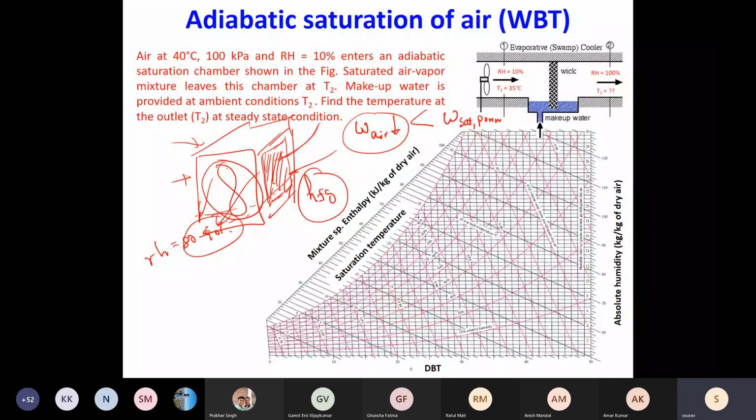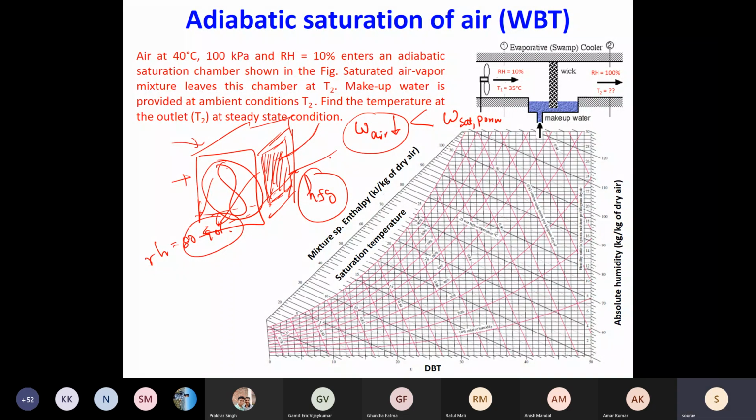So who is supplying this enthalpy? The air itself. The incoming air itself is supplying the enthalpy. So water picks up the enthalpy required for it to change its phase from liquid to water vapor. Okay, so then the incoming air cools down. The same process happens in your earthen pot.